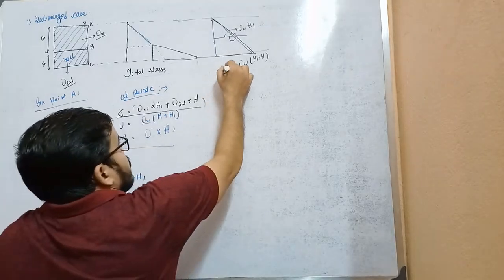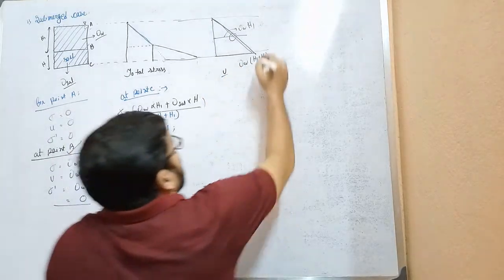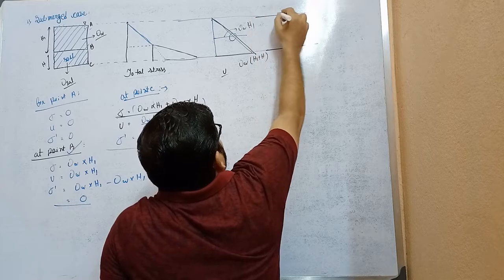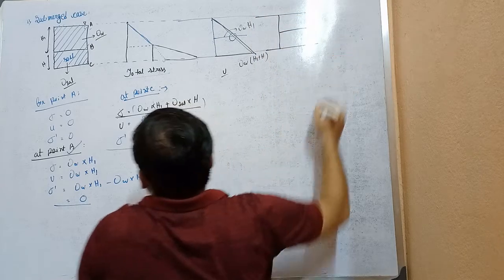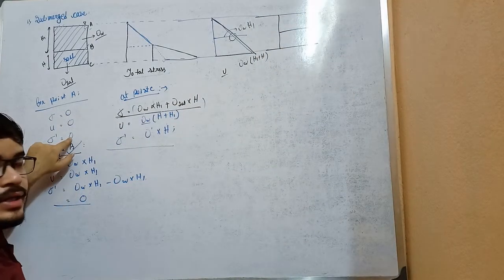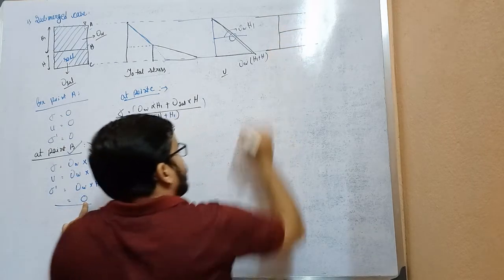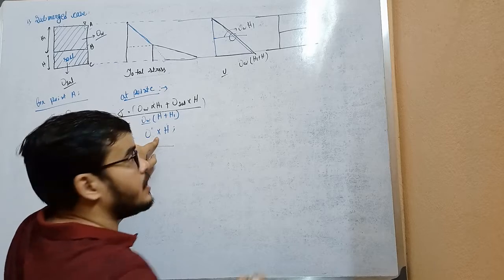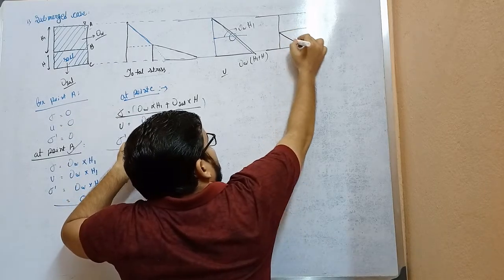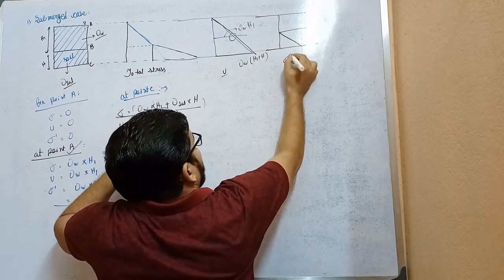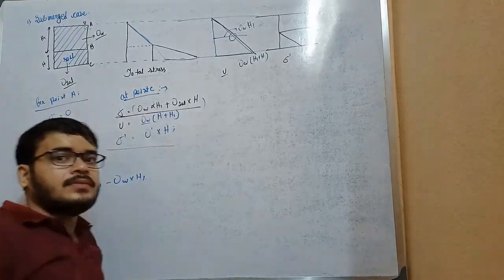Okay. This is the diagram of pore water pressure. And now draw the diagram of effective stress. Look, effective stress at point A is 0, point B is also 0, but point C, that is gamma submerged into H. It will come like this. This is the diagram of effective stress.